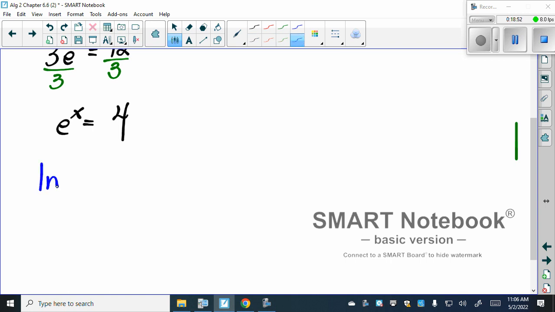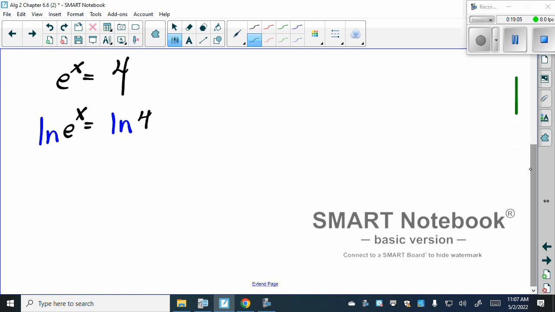We can apply the natural log to both sides, which will tell us that we have ln of e to the x equals ln of 4. Well, here we know the x moves out front.